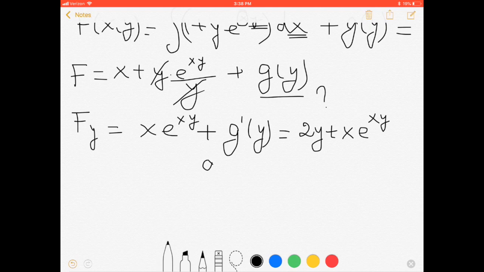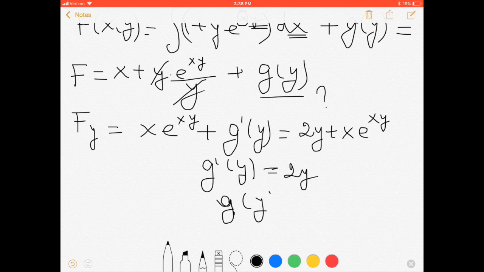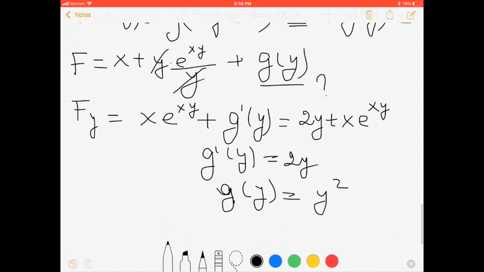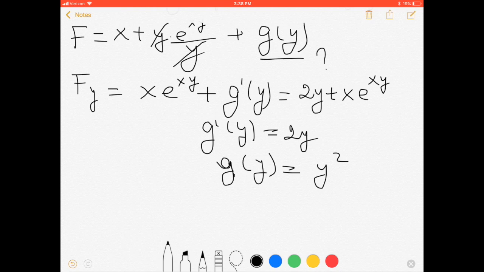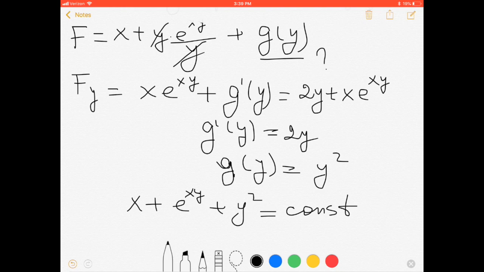We have g prime of y equal exactly 2y. This means g of y will be y squared, and our function f equals x plus e to the power xy plus y squared. And because the full differential of this function equals 0, this means this equals a constant, or C, however you want to write. We solved our equation.